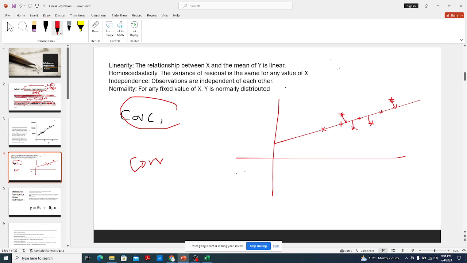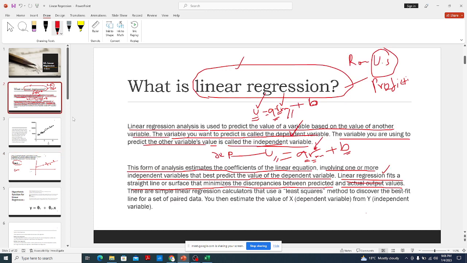Error terms are vertical deviations to the point on the straight line. So we are saying that linear regression fits a straight line or surface that minimizes the discrepancies between the predicted and the actual values.